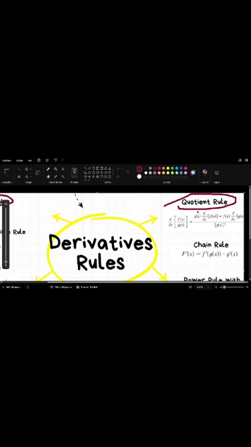The quotient rule formula: d over dx of f(x) over g(x) equals g(x) times d over dx of f(x) minus f(x) times d over dx of g(x), over g(x) to the power of 2.